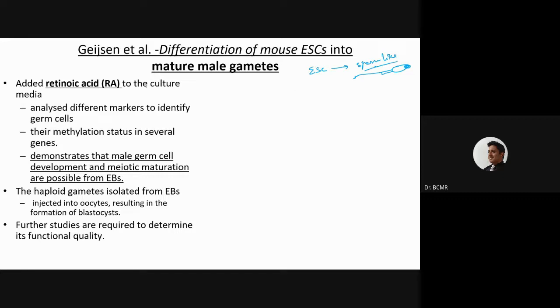So in a different paper, Jensen, they differentiated mouse embryonic stem cells into mature sperm. They added retinoic acid to the culture media, and then they identified markers for male characteristics, and also studied their methylation status, like we have discussed in the previous classes. And they demonstrated that male germ cell development and meiotic maturation are possible from embryoid bodies.